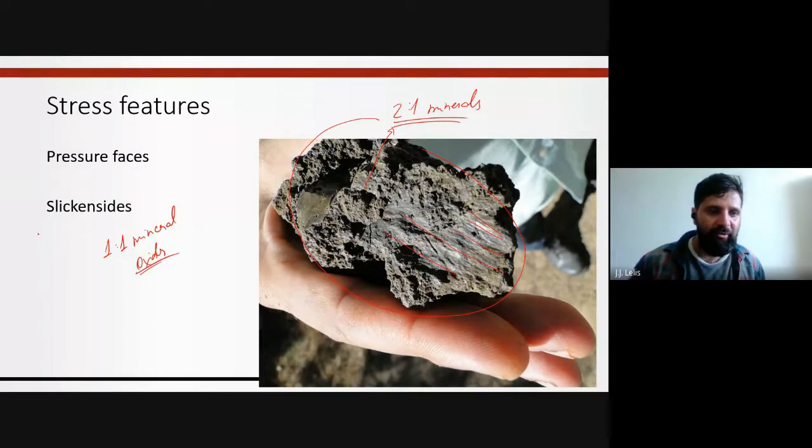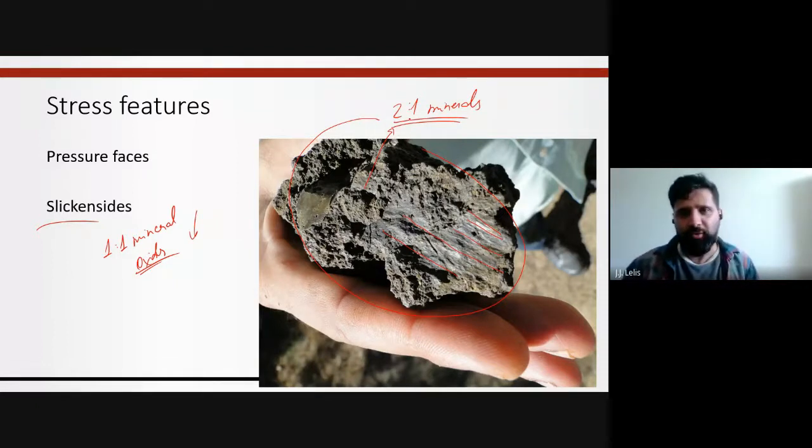So we can find some stress features, some lichenites, in oxisols or ferrosols, but they are not common because these soils have too much content of 1 to 1 minerals or oxides, and we just can't find 2 to 1 minerals.